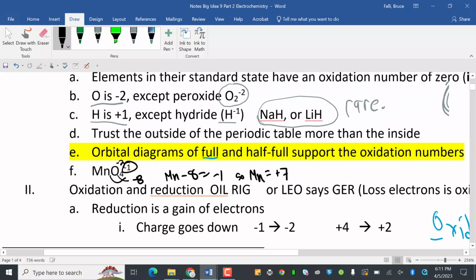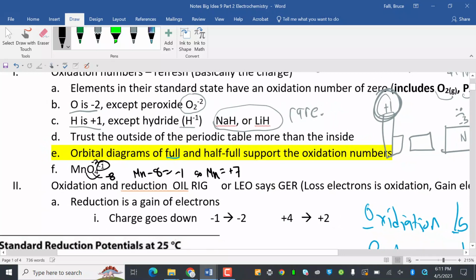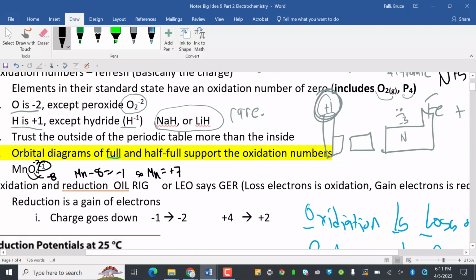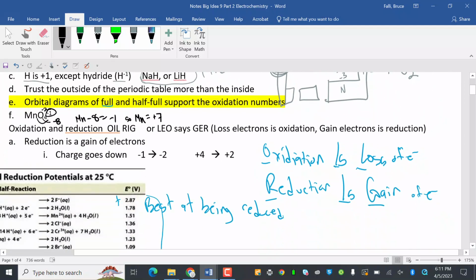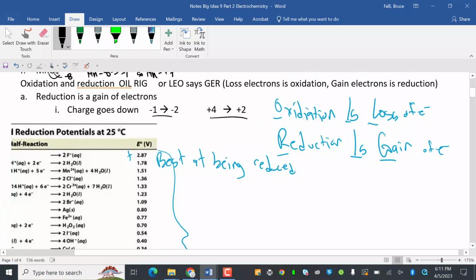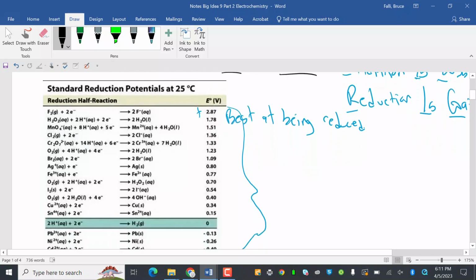Oxidation and reduction, we've done this before too. OIL RIG: oxidation is loss of electrons, which is what I say, and gain of electrons is reduction. Okay. Reduction is a gain of electrons. The charge goes down, right? And then you'll be given parts of this.